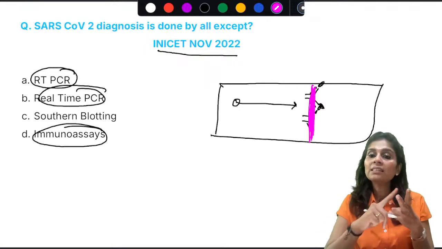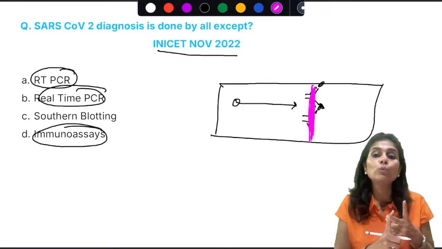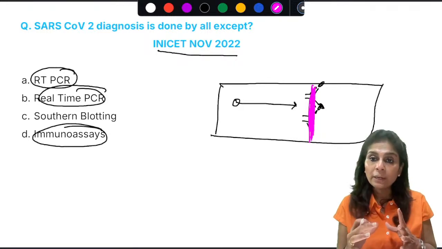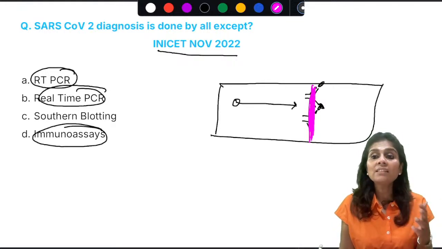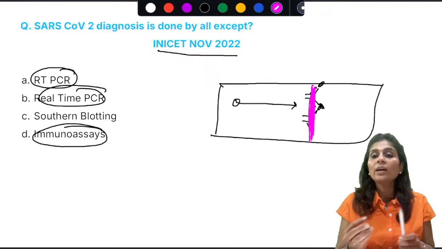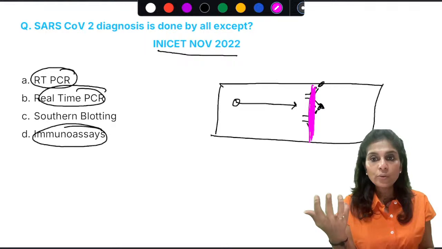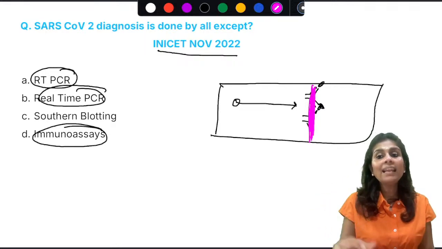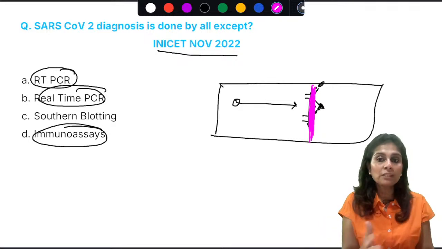For both these, I use specific primers, and for real-time PCR, I use specific probes. So it's the most specific. Why am I saying molecular diagnostic is also the most sensitive? Because in molecular diagnostics, as I told you, you're amplifying and simultaneously you're quantifying. Do you understand this? You're amplifying the signal and then you're quantifying. So it will be the most sensitive and the most specific.